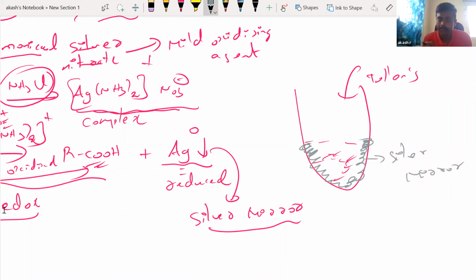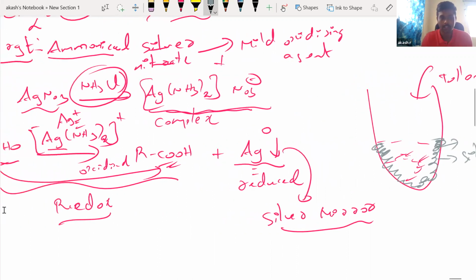If you form the silver mirror, the silver precipitate, that confirms the presence of an aldehyde in the test tube. If you are not forming the silver mirror, it is not an aldehyde but some other species. We cannot say it is a ketone, please don't conclude that. If it forms a silver mirror, we can confirm an aldehyde. If not, it can be any functional group other than aldehyde. That is exactly what happens in the Tollens test.